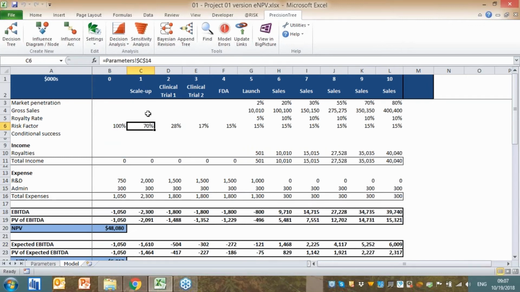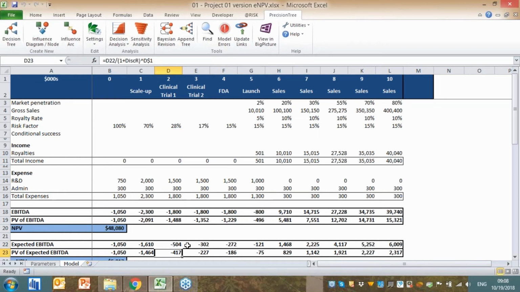Therefore, for example, for probability on year 1, instead of considering the EBITDA, which is negative 2,300, we multiply that times 70%. In other words, there's only a 70% chance that we might eventually have this cash flow over here. Next year, clinical trials 1, that is year 2, we only have a cumulative 28% chance of having such an expenditure and a revenue.